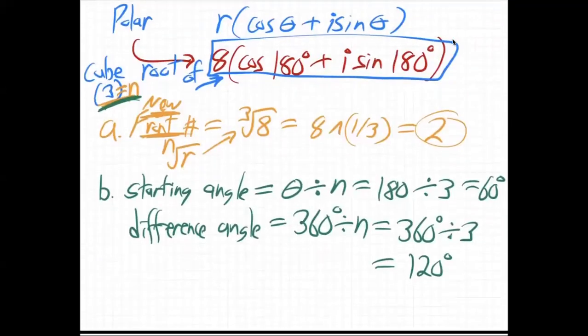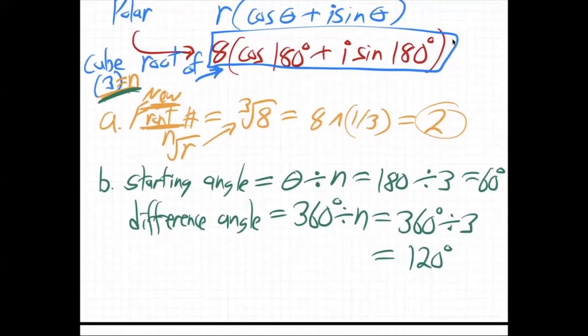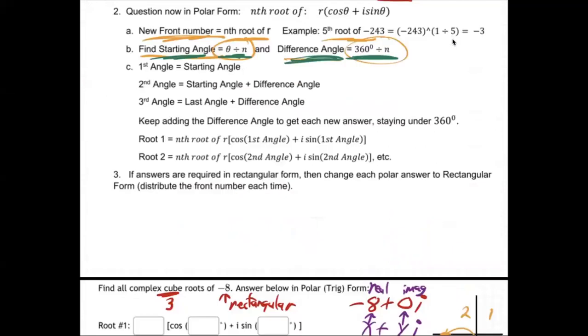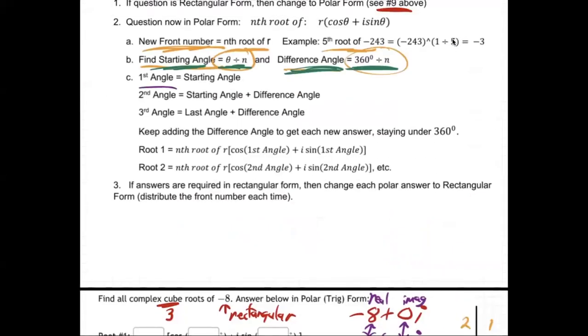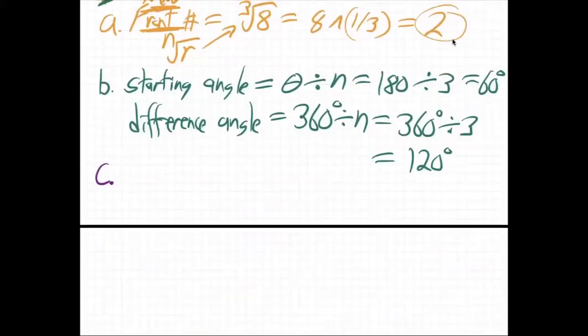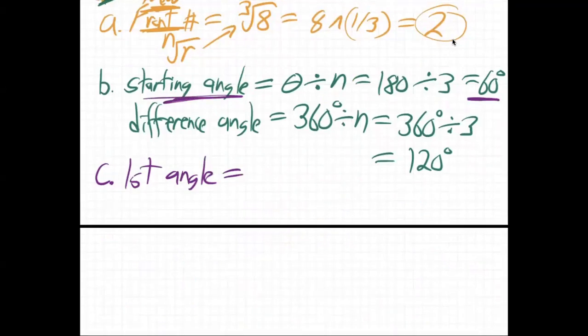Okay, so part C. That's first angle, second angle, third angle, etc. First angle equals starting angle, which is 60.